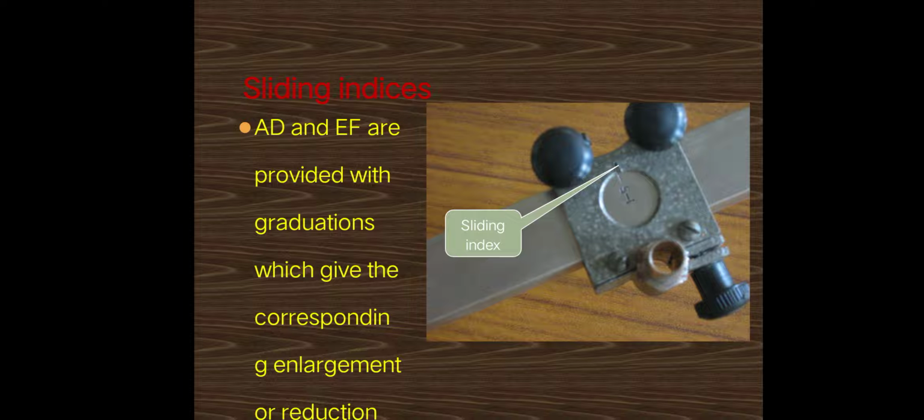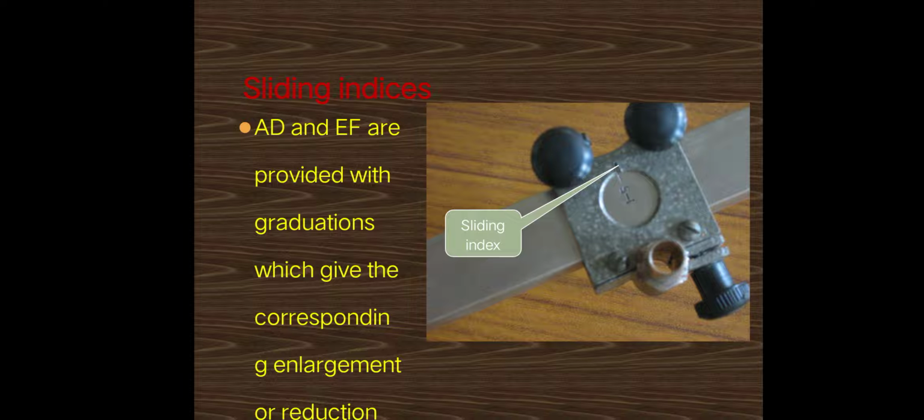These graduations are on tubular arm AD, the vertical axis. In that you have a 0, on the left side minus values, and on the right side plus values.